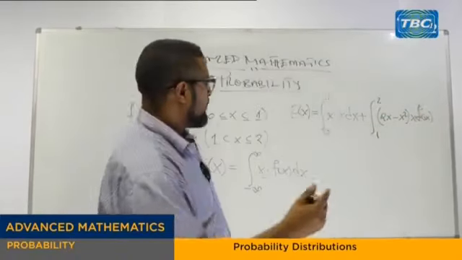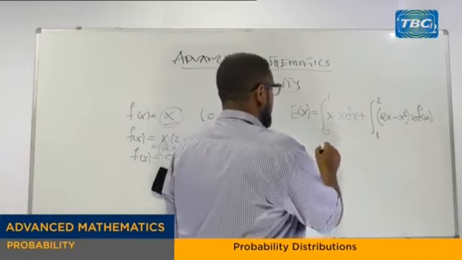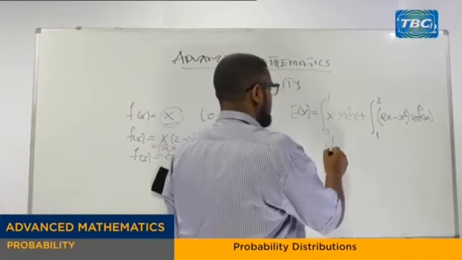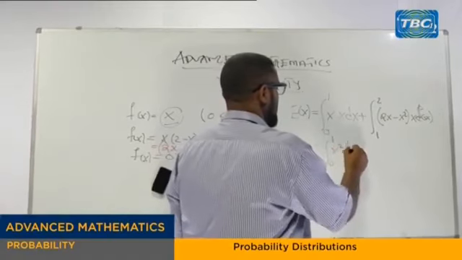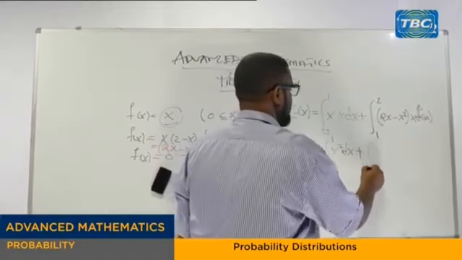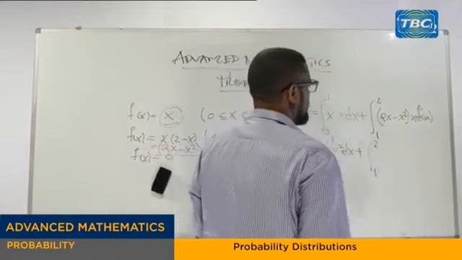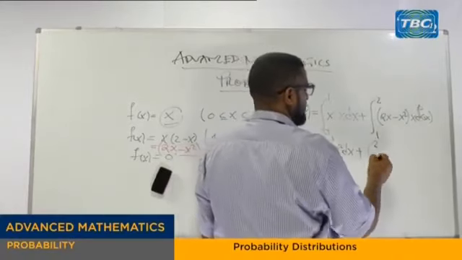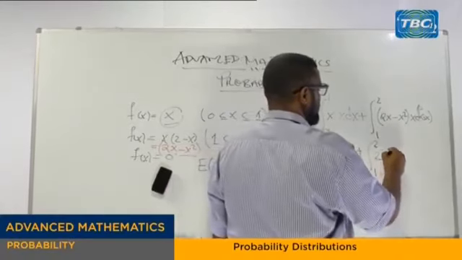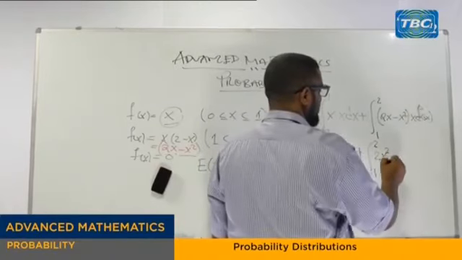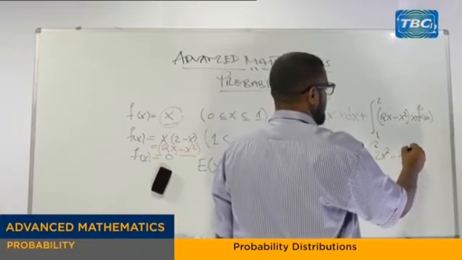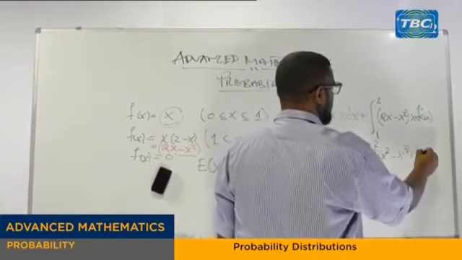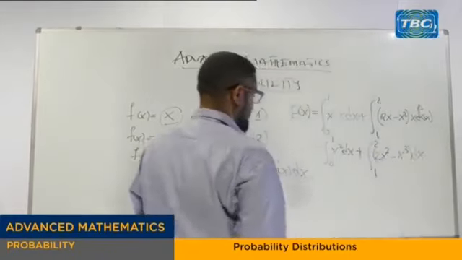Now, when you simplify the integral, you'll be having from 0 to 1, x squared dx, plus 1 to 2. Now, opening the bracket, it will be 2x squared because of this x, then minus x to power of 3 dx.